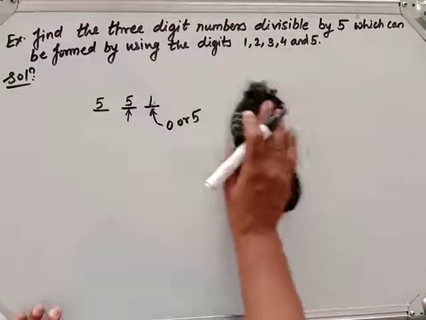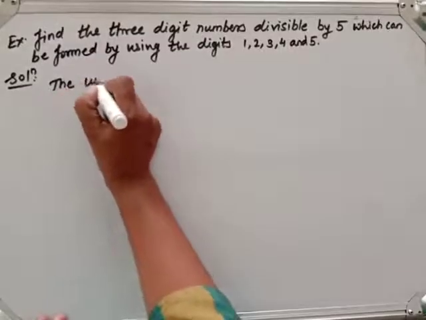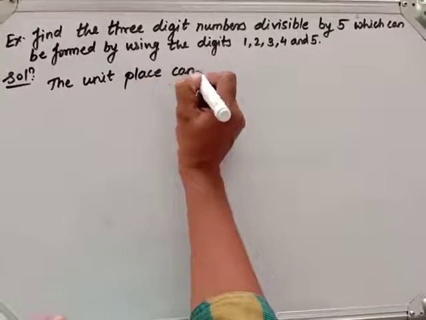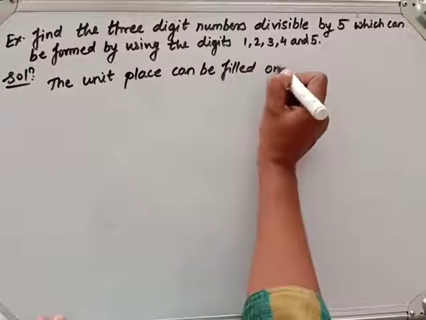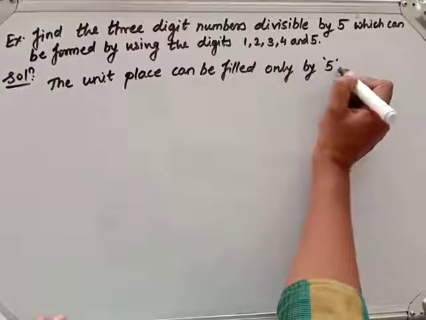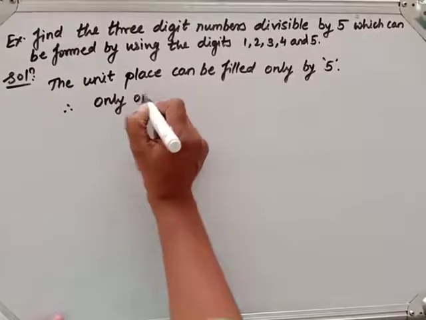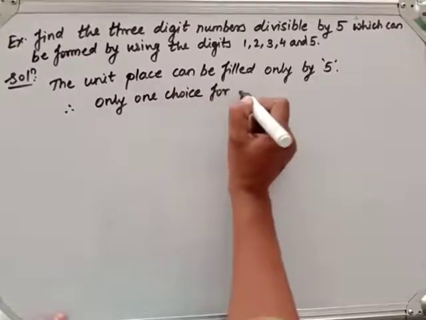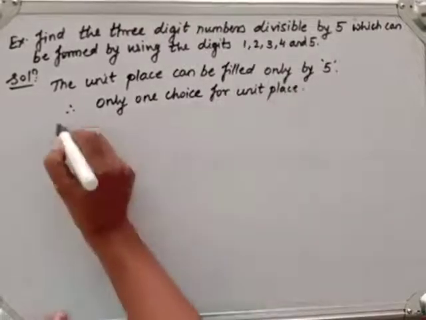So I should write the answer as: the unit place can be filled only by 5. Therefore only one choice for the unit place.